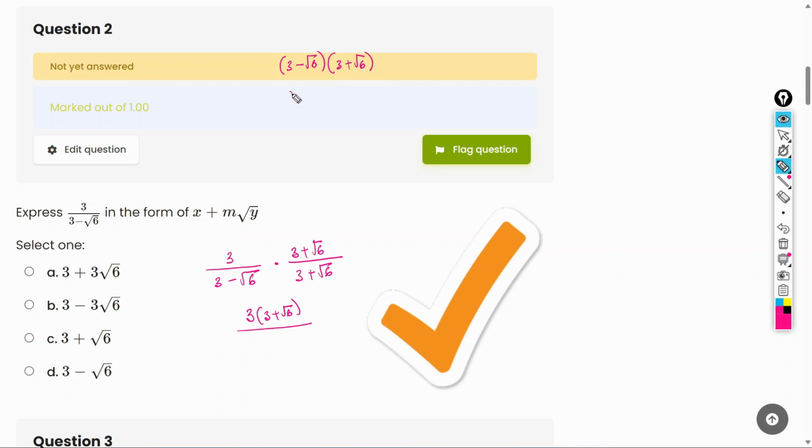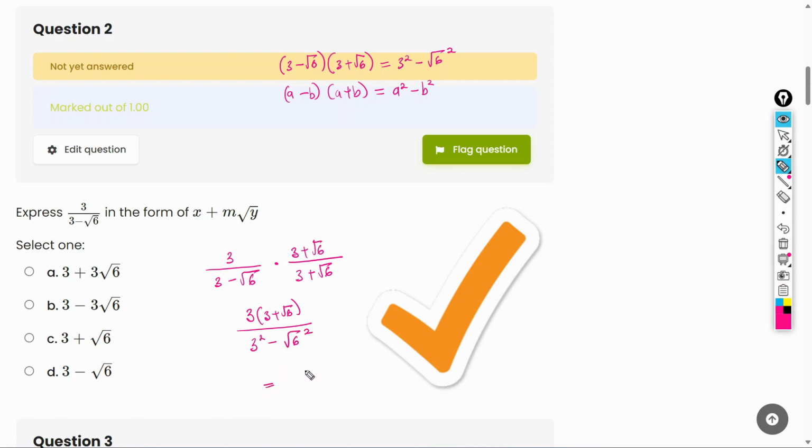It's very similar to a minus b times a plus b, which we know gives us a squared minus b squared. So this would also give us 3 squared minus square root of 6 squared.